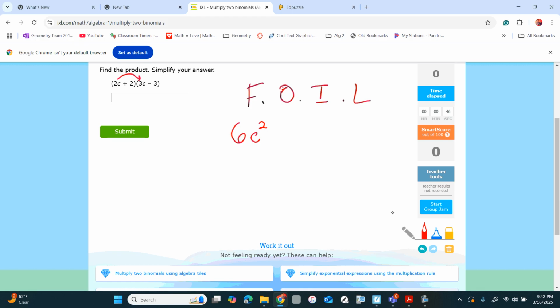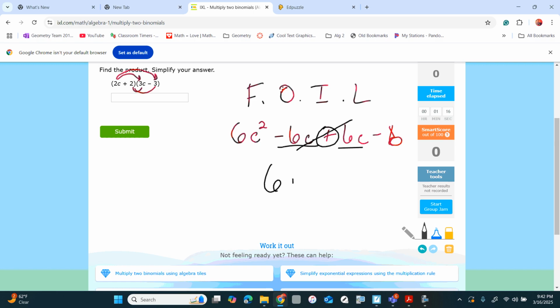Then the outer terms would be the 2c times negative 3, so that's going to be a negative 6c. Inner is this 2 times the 3c, that's a positive 6c. And then the last numbers, that's the L, that's 2 times a negative 3, so that's negative 6. In this scenario, our negative 6c plus 6c is going to cancel and become 0.